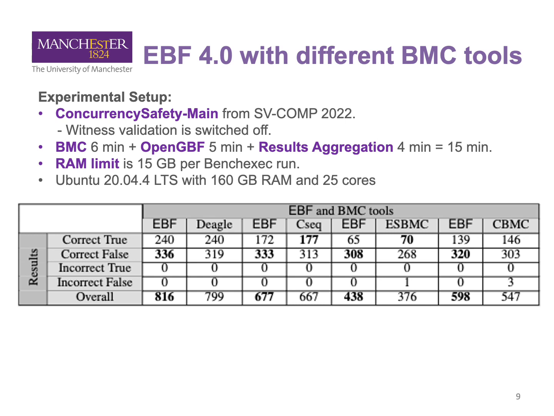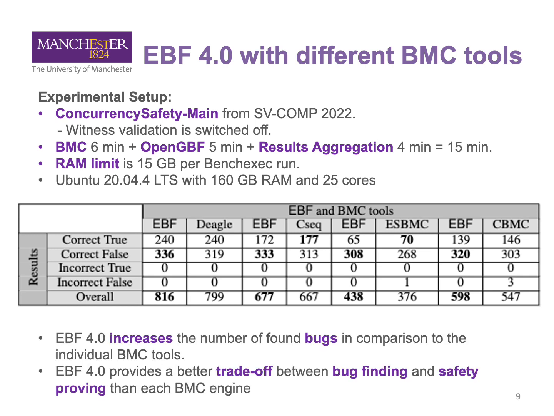We compared the results obtained by EBF with the results produced by each corresponding BMC tool running for the entire 15 minutes timeout. The evaluation results suggest that EBF increased the number of correctly identified vulnerabilities, while only slightly reducing the number of benchmarks that were proved safe.